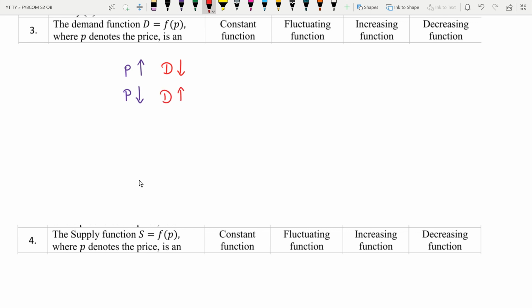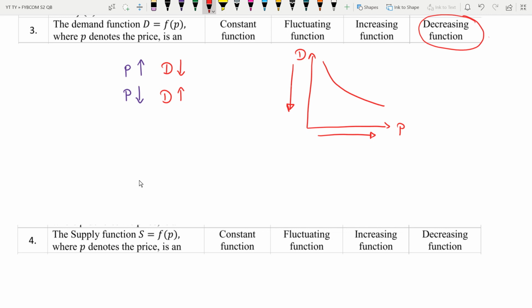Right? So if I draw a graph of this function with P over here and D over here, then as I increase the value of price, the value of demand decreases. That means if I start plotting it, it would look something like this. Hence the demand function is a decreasing function. Okay, a demand function is a decreasing function.